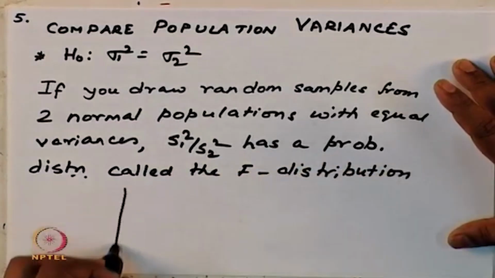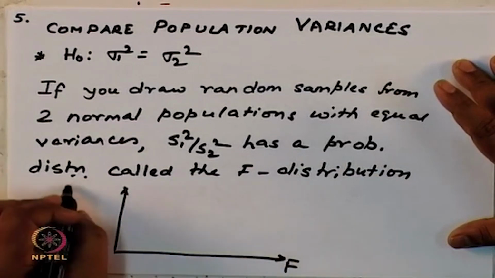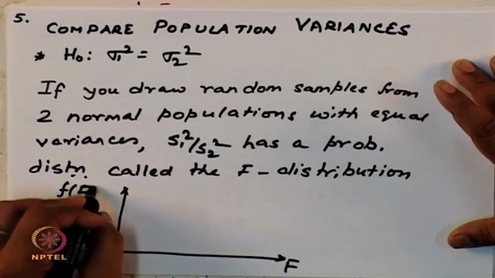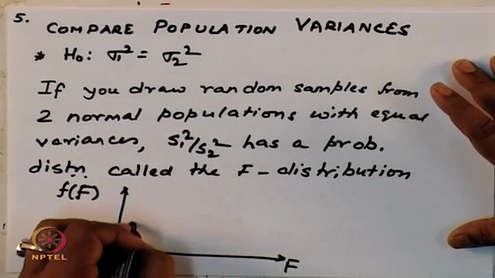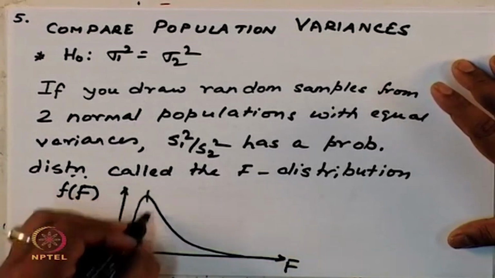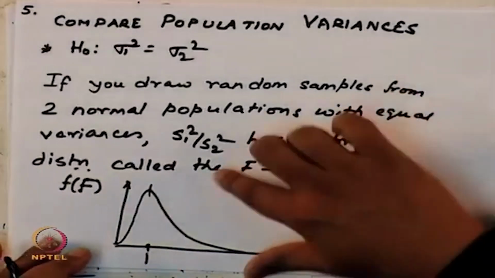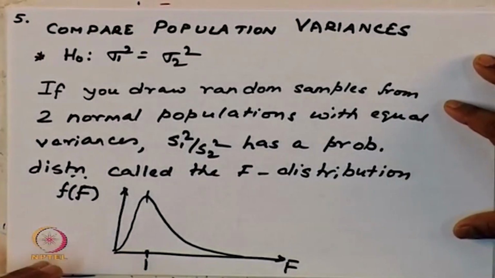This is the metric F, and the F distribution looks something like this. The peak corresponds to F equal to 1, that is when both the population variances are the same.